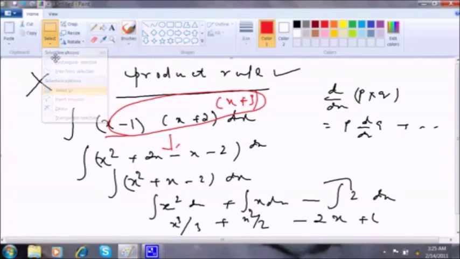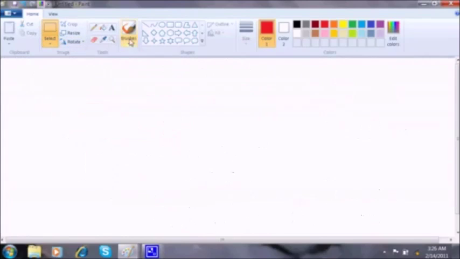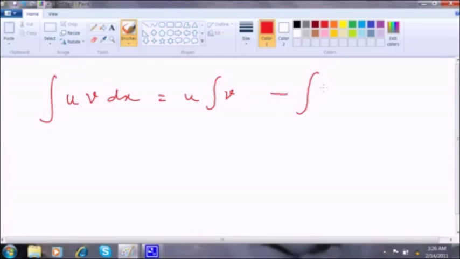So how is the product rule in integration then? Integration of u into v dx is u into integration of v minus integration of v into differentiation of u, and for this integration sign, there is a dx.